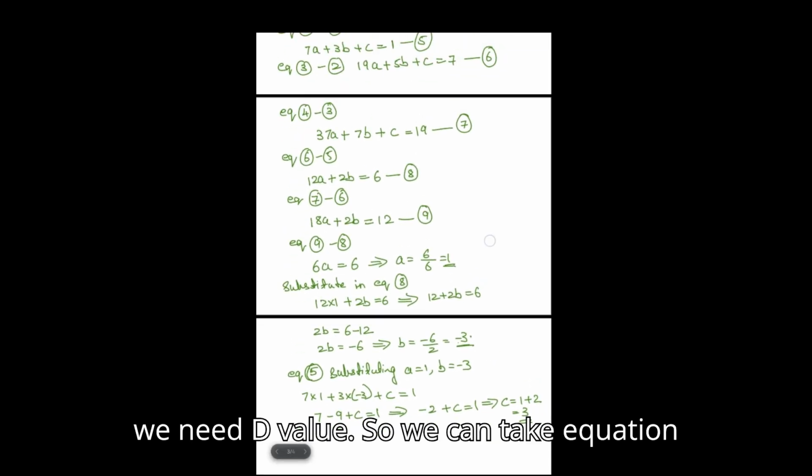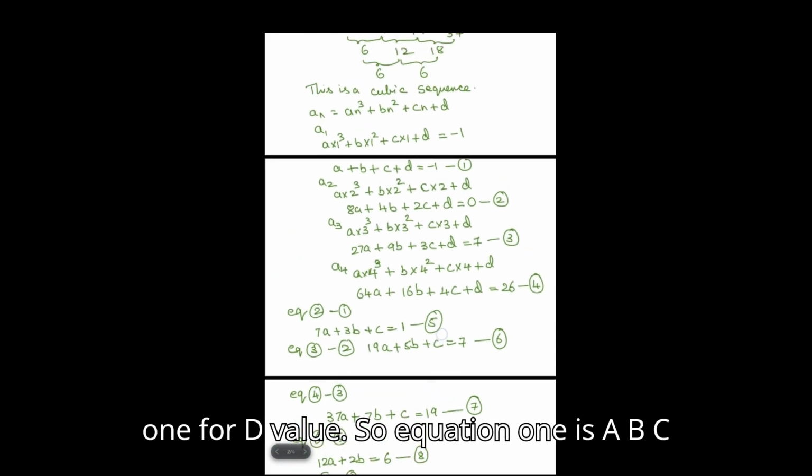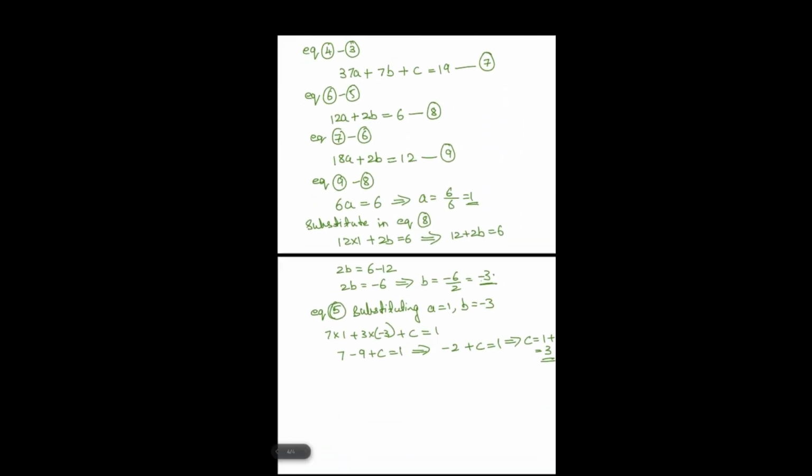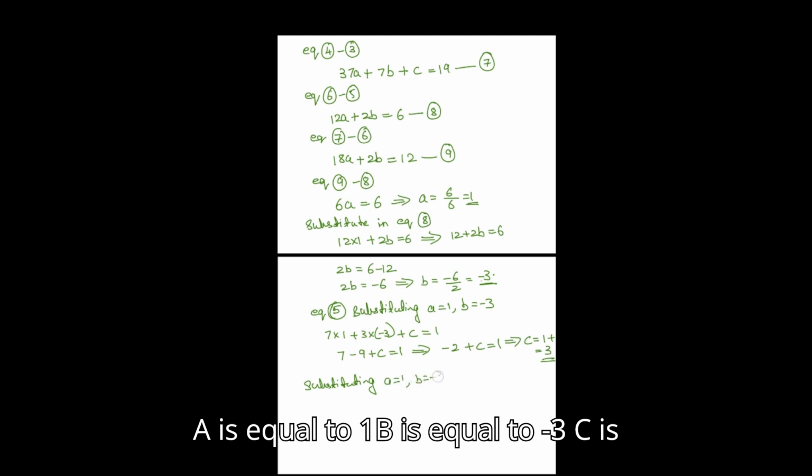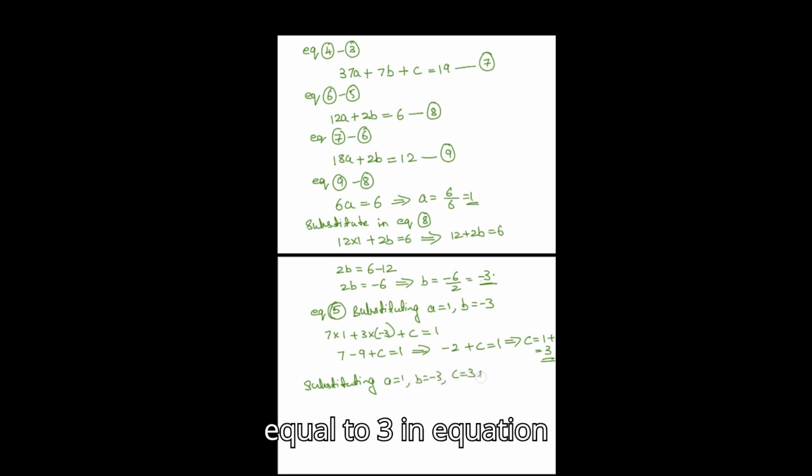Now we need d value. So we can take equation 1 for d value. Equation 1 is a plus b plus c plus d is equal to minus 1. Substituting a is equal to 1, b is equal to minus 3, c is equal to 3 in equation 1.